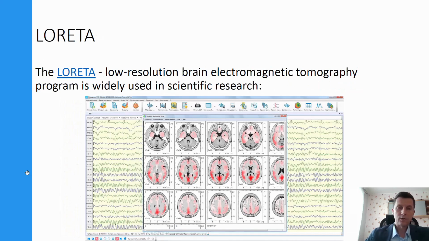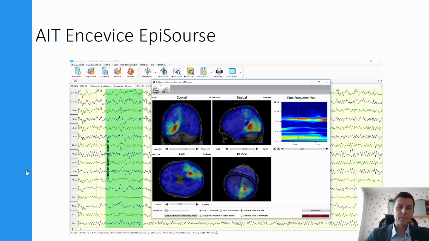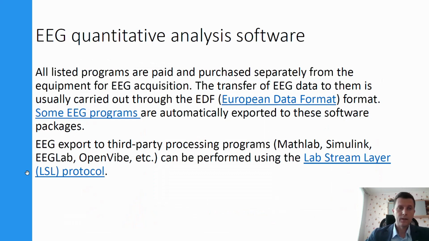Another software is LORETA, well known in the scientific area, which is widely used for different research. We also have full collaboration with this software, and you can export EEG from our software to LORETA with no problems. And another software for 3D localization of the electrical source in the brain is Ensevis EpiSource software, which can also be used directly from Neurospectrum.net software.